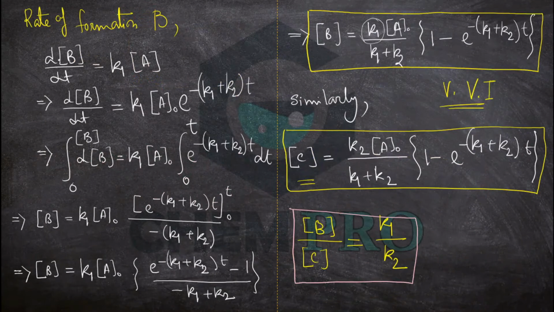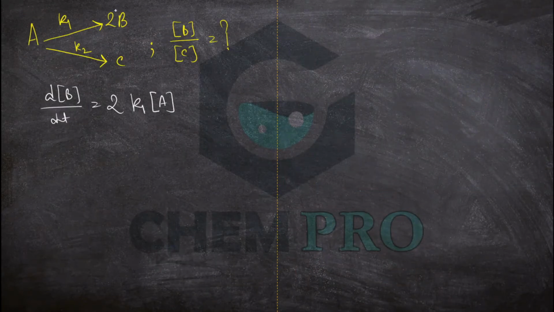Okay, so for the previous reaction, the formation of b is dB by dt equals k1 into a. Because the coefficient is 2 here, we should include the 2.